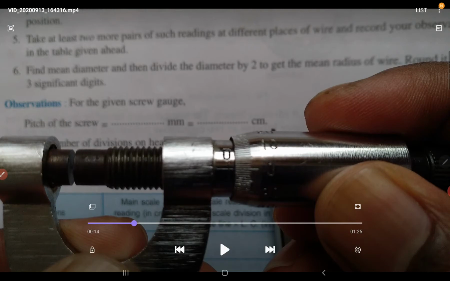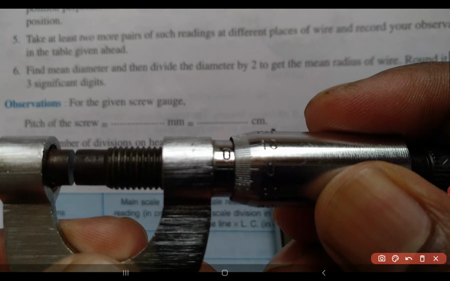It has moved this particular distance, and the distance moved is 1 millimeter, which I will record after some time, and which can be changed into centimeter, which shall be 0.1 centimeter. Let us continue with the video.